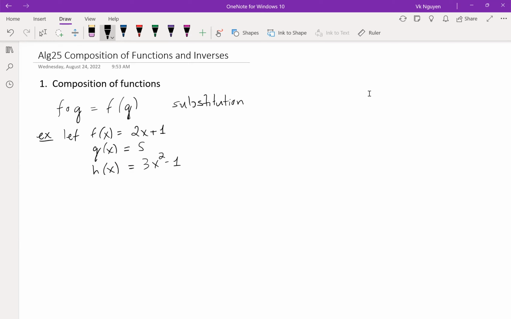We can do F composed G. This is F of G. Do the substitution. G is 5. So F of 5. Same thing, do another substitution. 2 times 5 plus 1. 11.